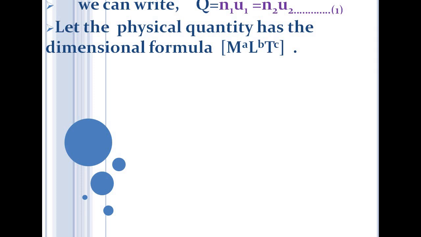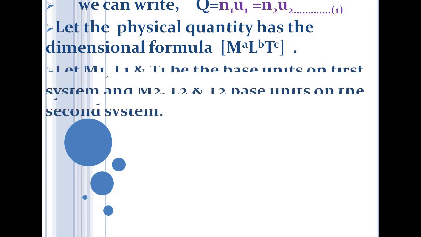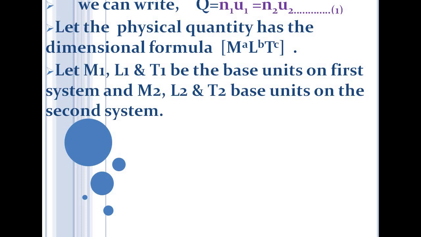We just suppose in terms of M, L and T as M^a, L^b and T^c. Then in the first system of units, let M1, L1 and T1 be the base units of the first system, and M2, L2 and T2 be the base units in the second system.